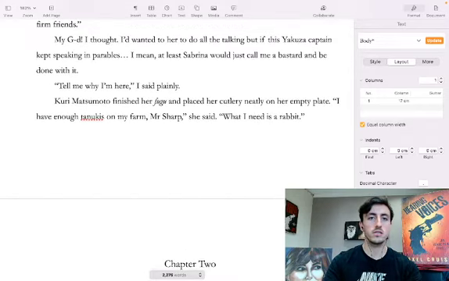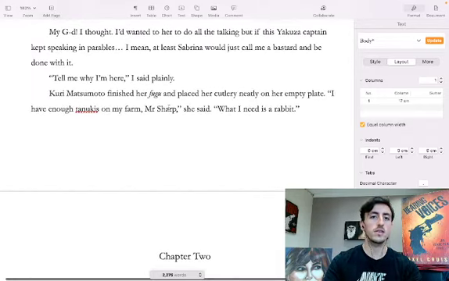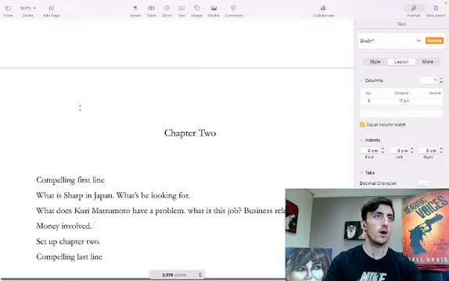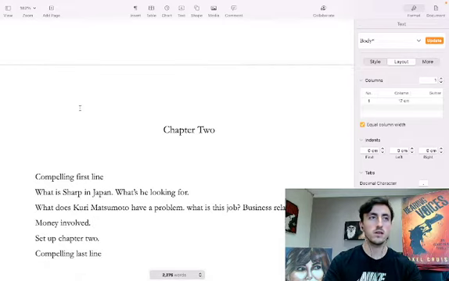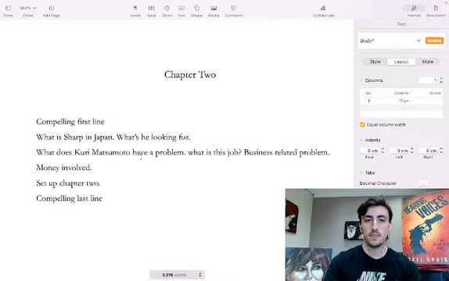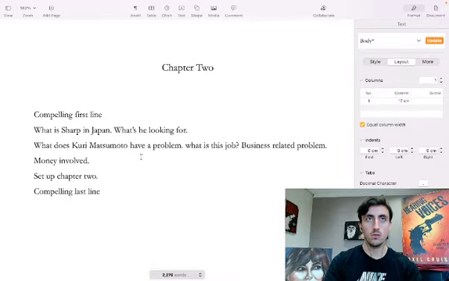What was that last line that she said? I have enough tanukis on my farm, Mr. Sharp. What I need is a rabbit. So she's saying that these tanukis are troublesome creatures, essentially scoundrels. So it's probably a business problem here.